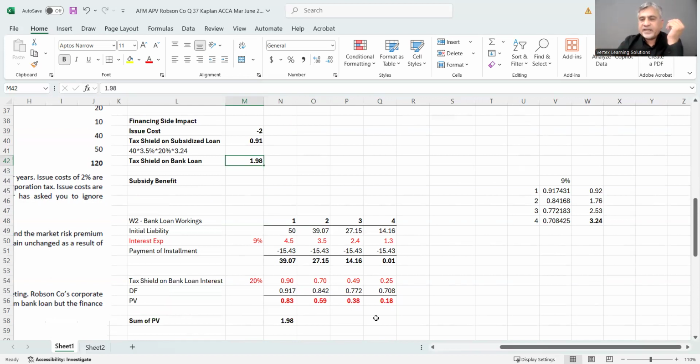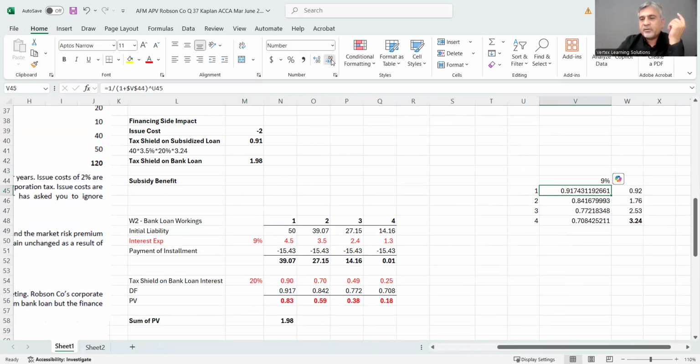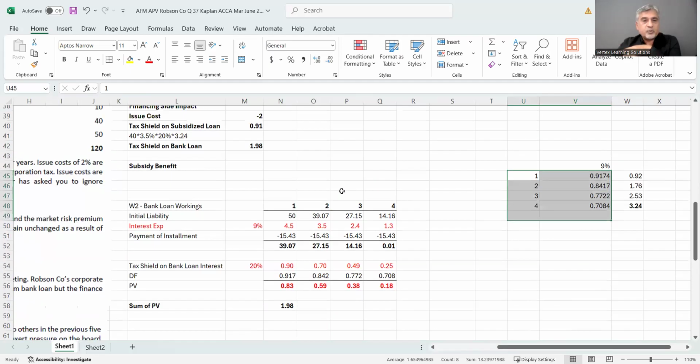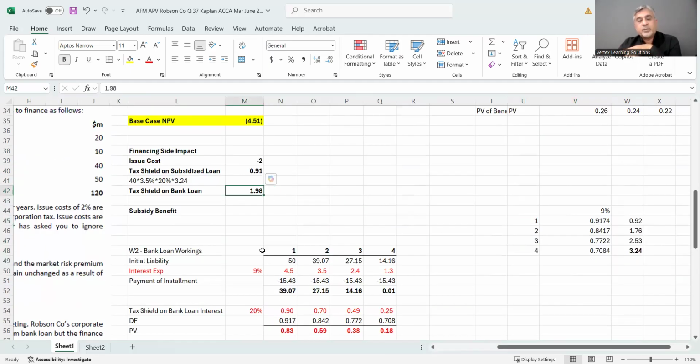When I calculate discount rates in Excel, they continue to 7-10 decimal places, so a difference can arise. When you use the book, there are only 3 decimal places. Here there are 10 decimal places, which are more accurate. Anyway, this is done, so we have got the third number as well.